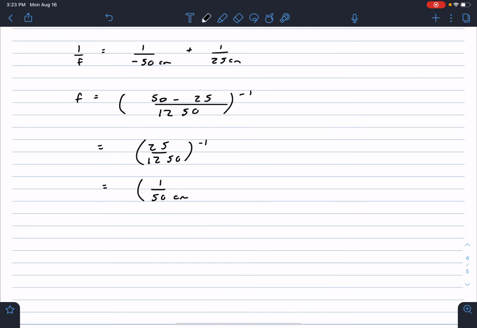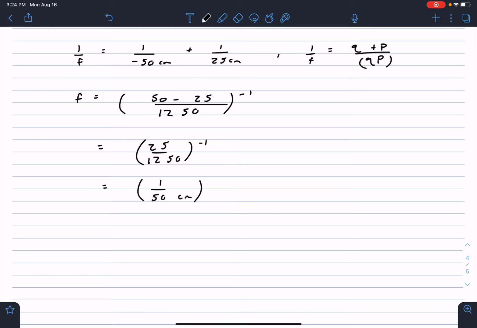This would be centimeters, right? What I'm saying is 1 over f is equal to q plus p over q times p.